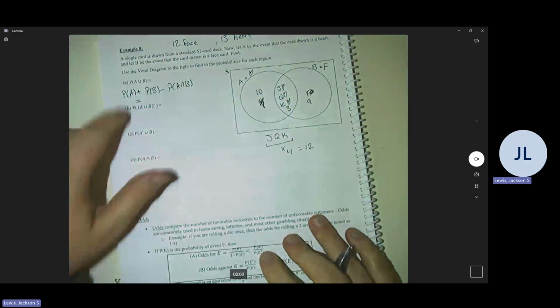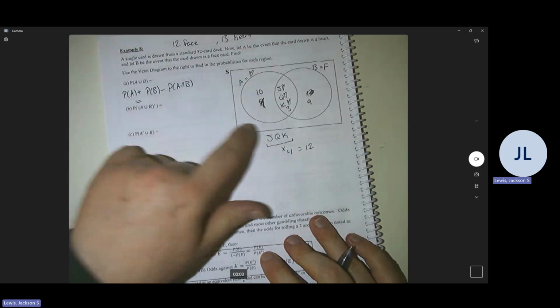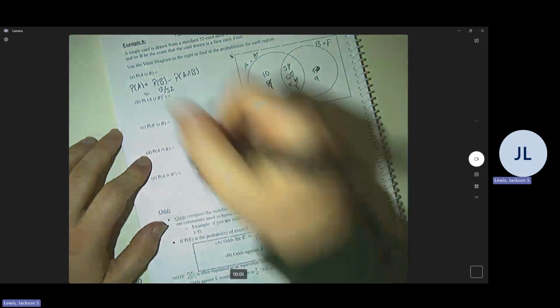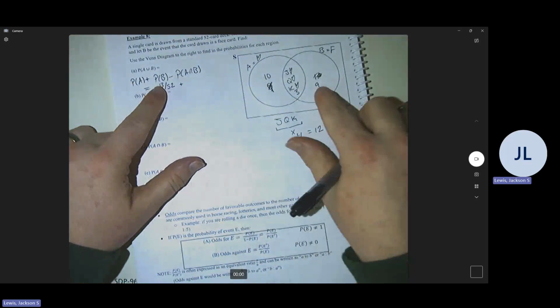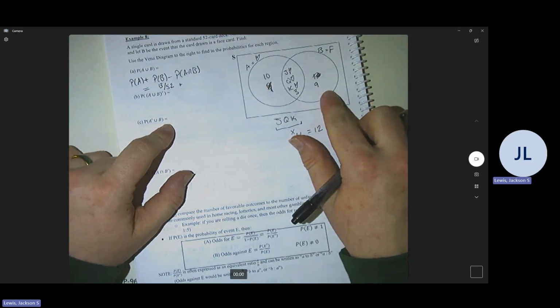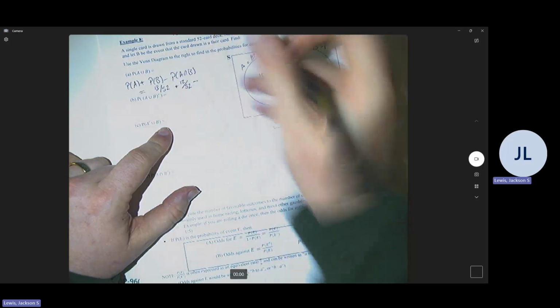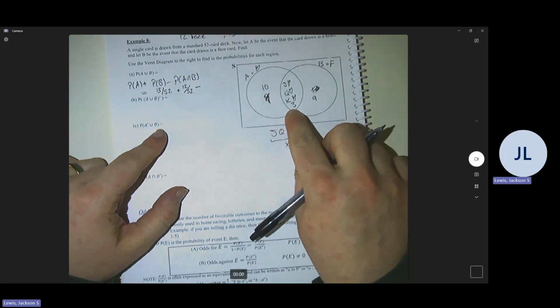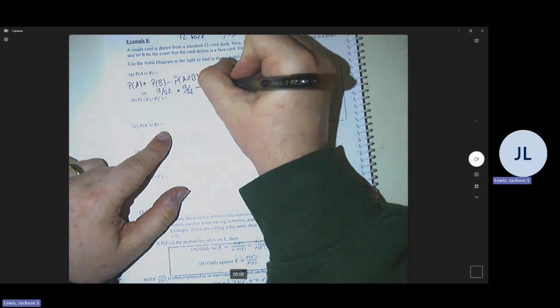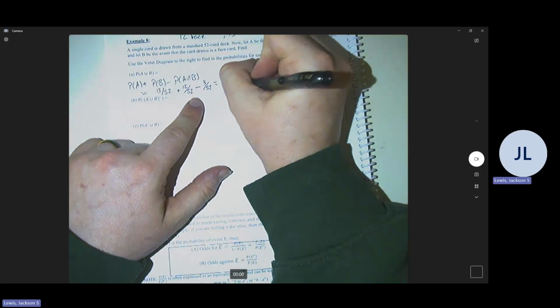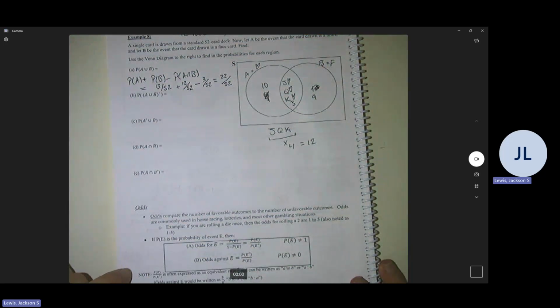There are 13 in A, so 13 over 52, plus the probability of B, 12 face cards, so 12 over 52, minus their intersection, which is 3 hearts that are face cards, so minus 3 over 52. And this equals 22 over 52. You could find what the percent is for that in your calculator.